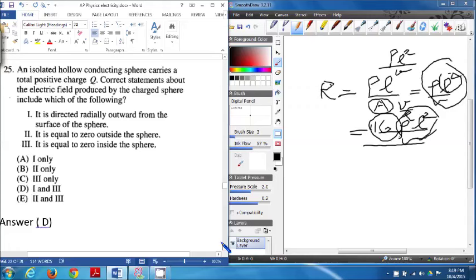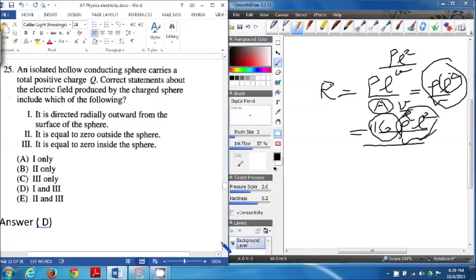So 1 is correct. It is equal to 0 outside the sphere. No, it is not equal to 0 outside the sphere, because the field outside depends upon the charge enclosed. So we can apply Gauss law: the integral of E dot dS is equal to Q. So it is not 0 outside the sphere.